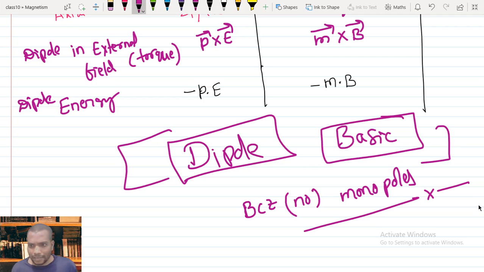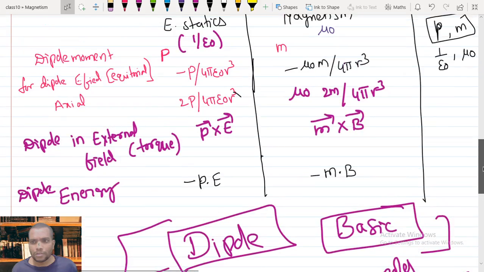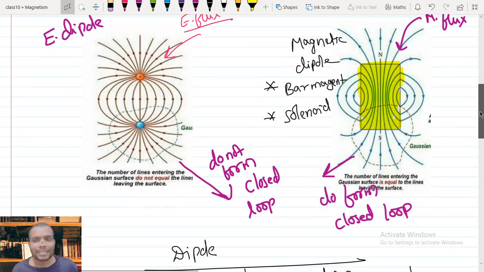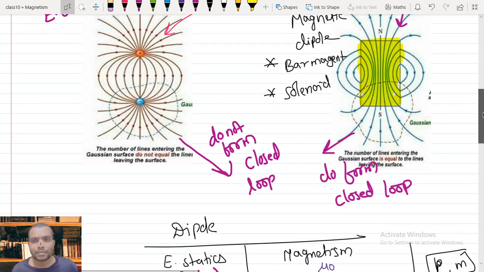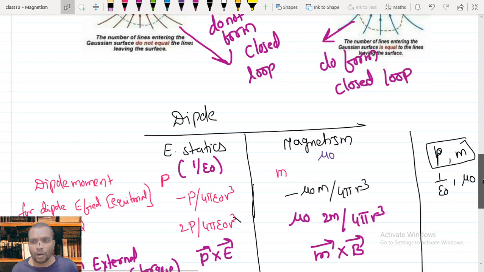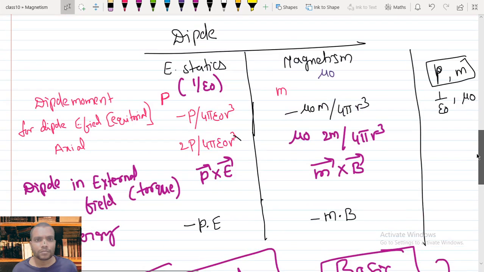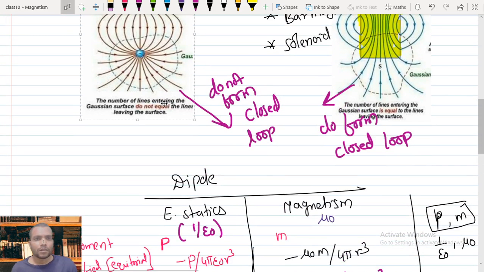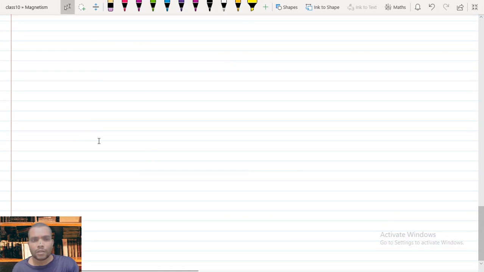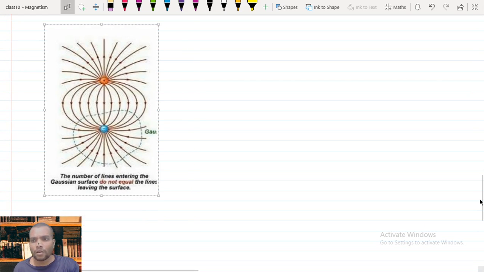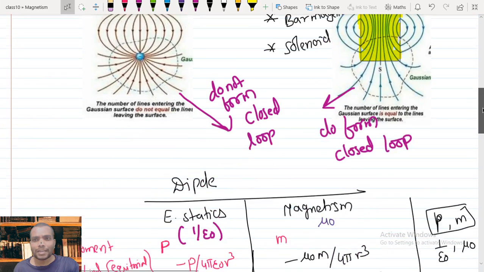Now apart from that, we need to discuss one more thing. If you remember, to calculate the electric flux we depend on the Gauss theorem. In electrostatics, Gauss law helps us find the electric field.